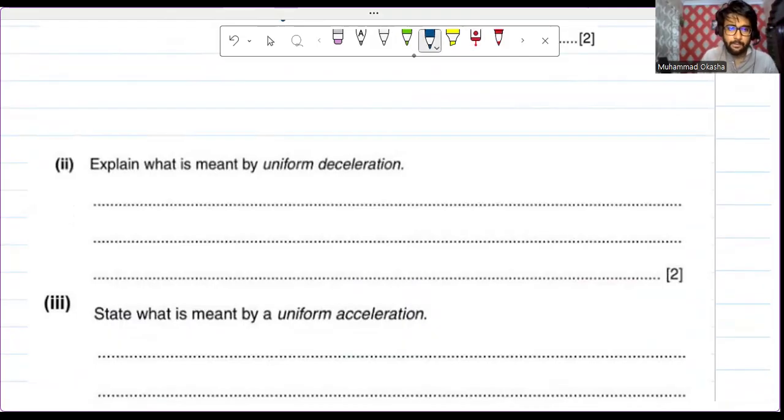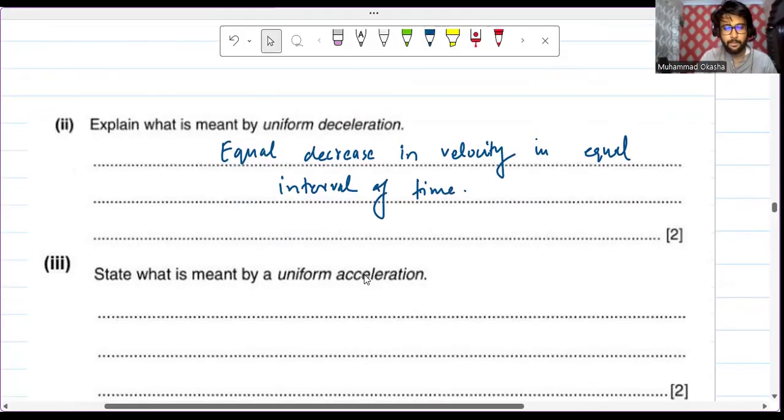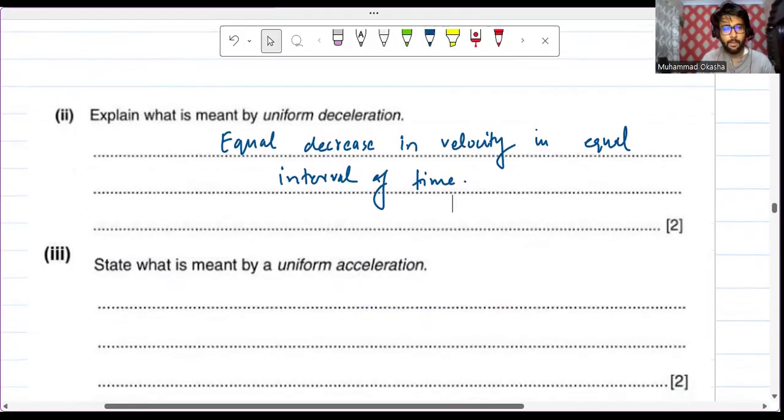What is meant by uniform deceleration? Uniform deceleration is equal decrease in velocity in equal intervals of time. Because this is uniform, there is an equal, and because this is deceleration, I'll say decrease in velocity.